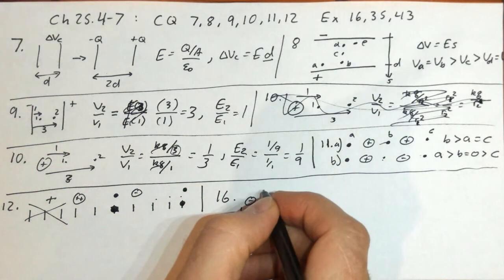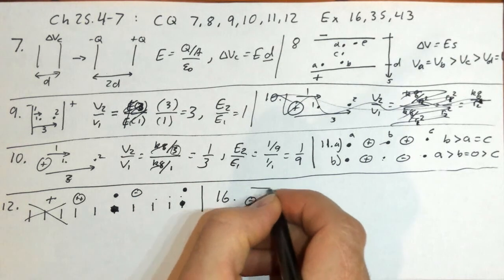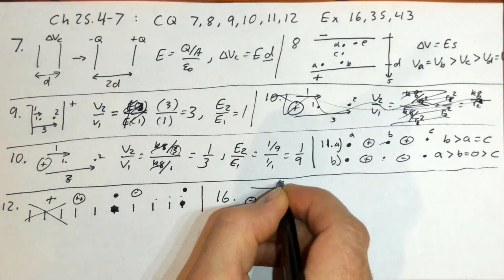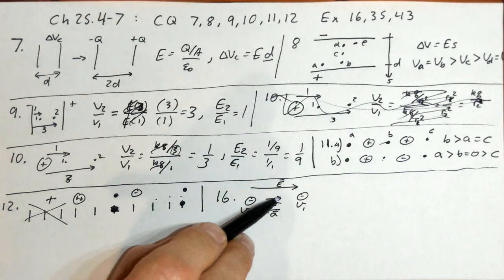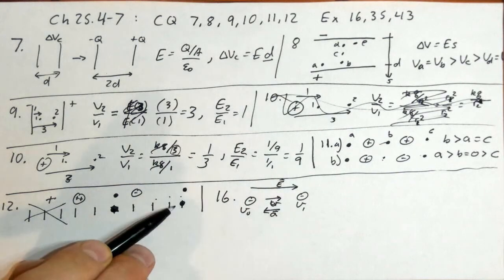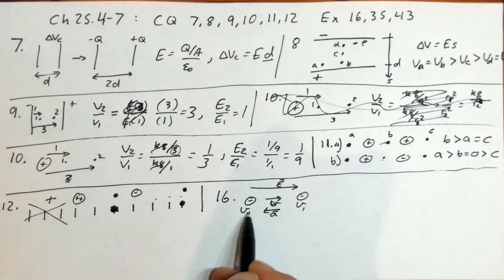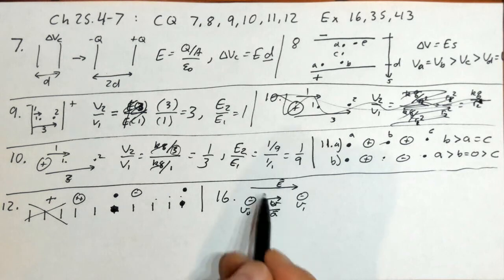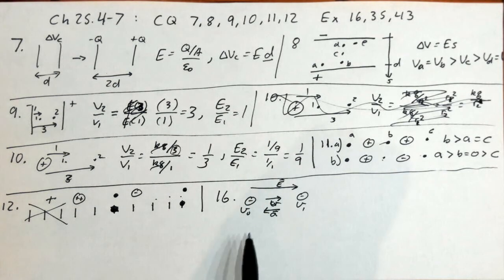And so that means that the electric field is this direction because it's slowing down. It means it wants to accelerate against it. So the acceleration is opposite the direction of the electric field because of forces.